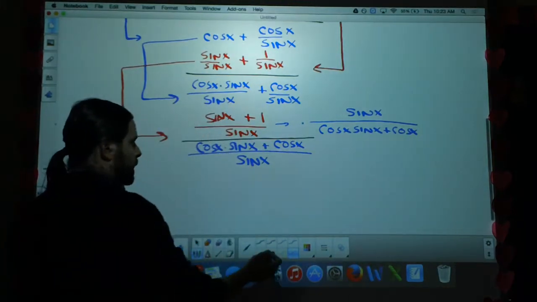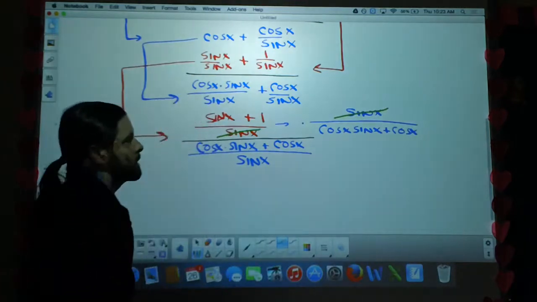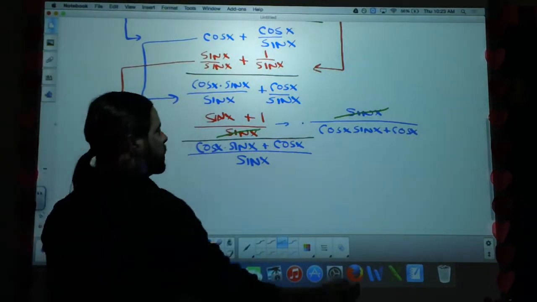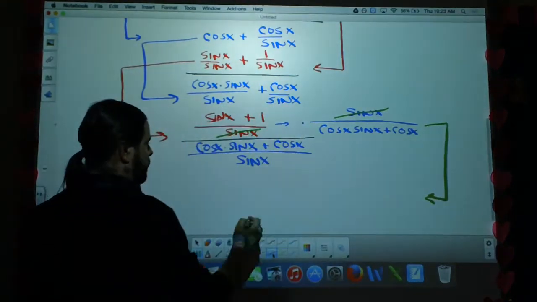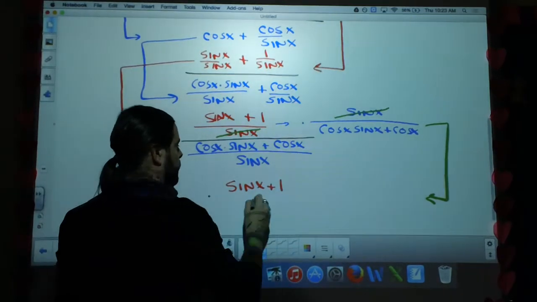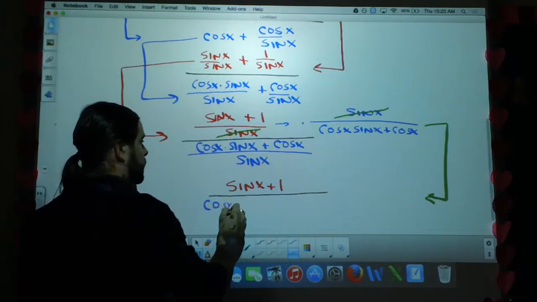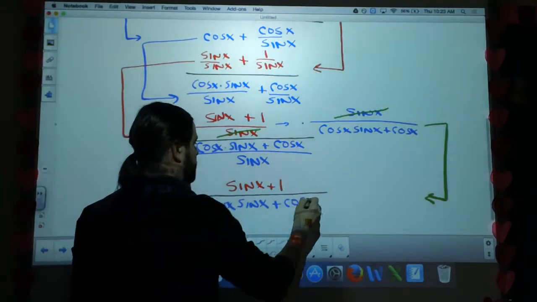The benefit of that is that, look at this, sine x and sine x cancel out. They're monomials, so you can cancel them out. So if I write it out now, I have sine x plus 1 over cosine x sine x plus cosine x.